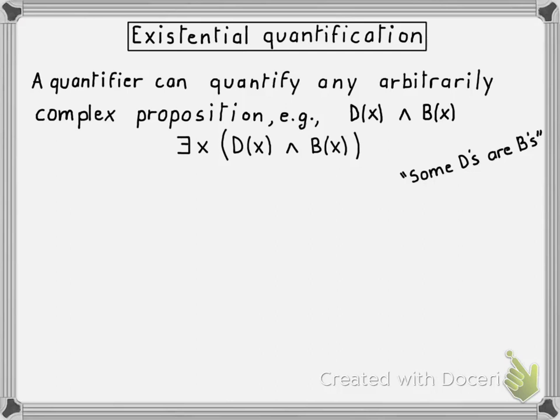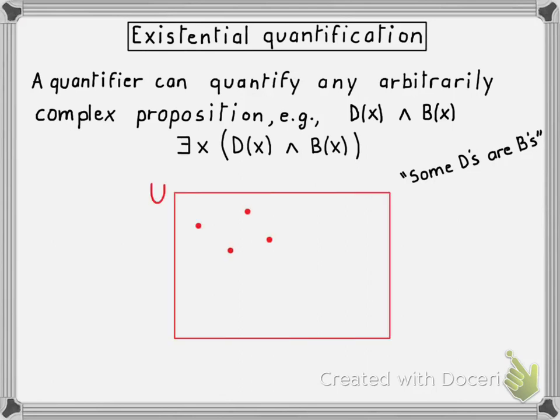Now the question is, how do we represent this kind of expression with the same graphical representation we use for the universal quantification? So if this sentence is true, then we must first represent the universe for x. Again, let's do that with a red rectangle containing all of the possible values for x. And then let's draw a circle or set for the predicate D. Now, how are we to draw the circle or the set for B?